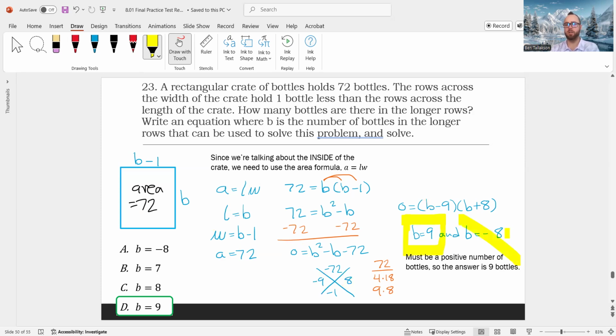There's no way they'll be negative. So we have 9. So basically there will be 9 bottles in these columns and 8 in these rows. So we're talking about something like that. I'm not going to draw it all out precisely, but you get the idea.